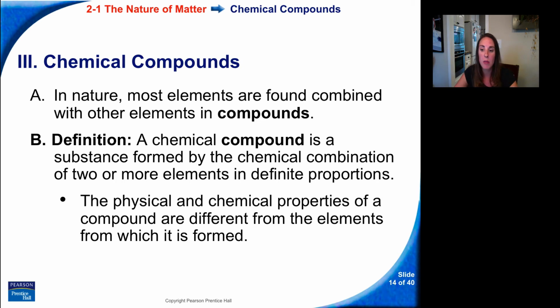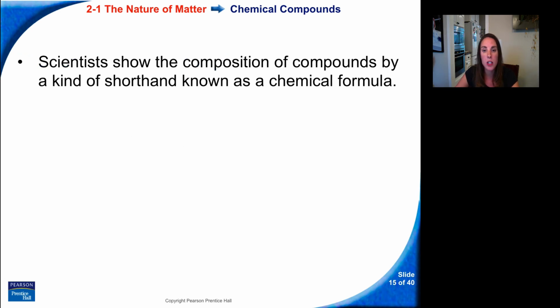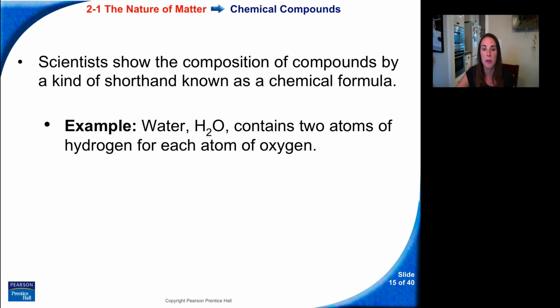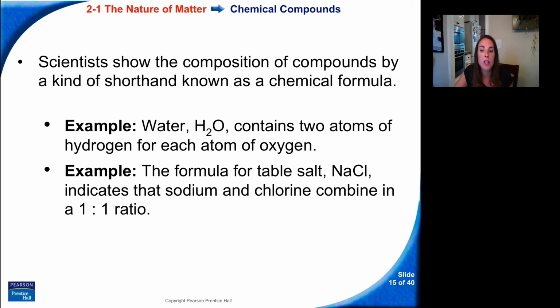The physical and chemical properties of a compound are different from the elements from which it's formed. Scientists show the composition of compounds by a kind of shorthand known as a chemical formula. An example is water. Water is H2O. It contains 2 atoms of hydrogen for each atom of oxygen. The formula for table salt, NaCl, indicates that sodium and chlorine combine in a 1-to-1 ratio.